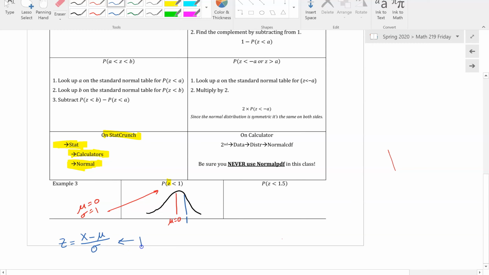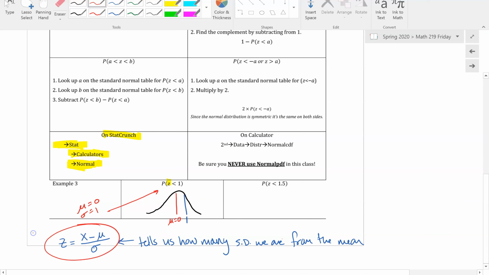It tells us how many standard deviations we are from the mean. We've looked at data where we've had data be 2 standard deviations away from the mean, 3 standard deviations away from the mean. But we can fine tune it. A z-score tells us exactly how many standard deviations we are from the mean.